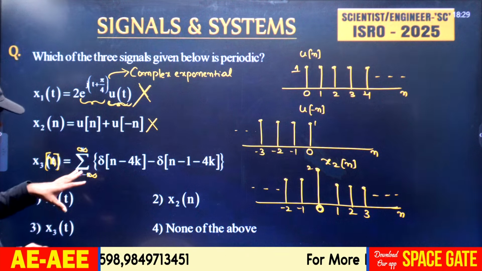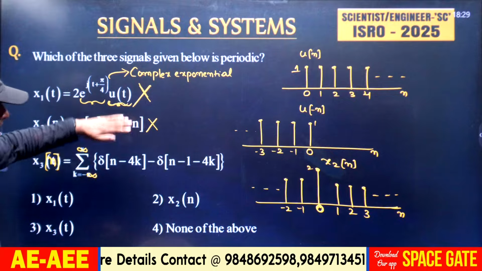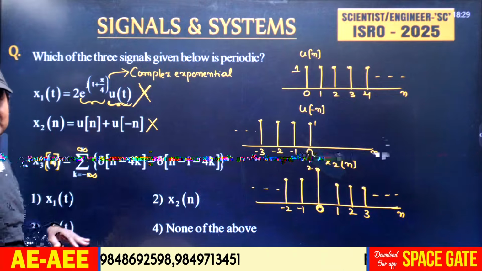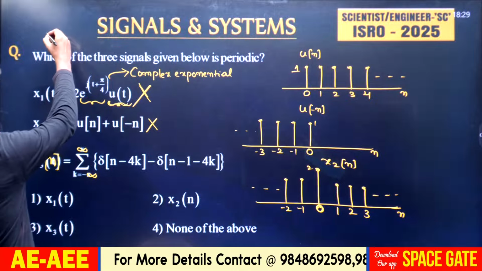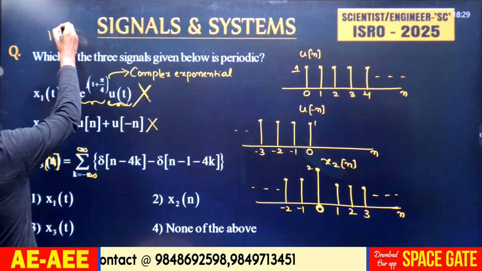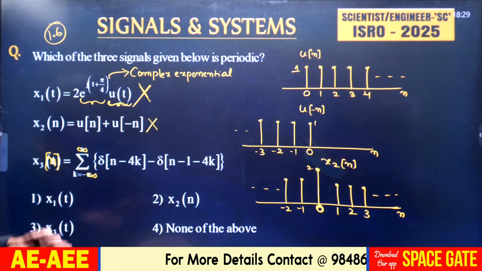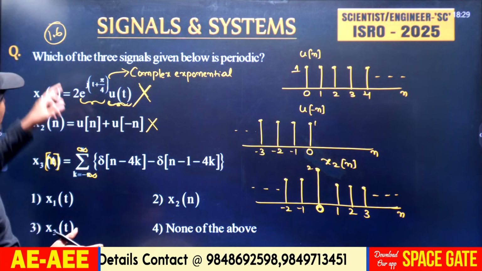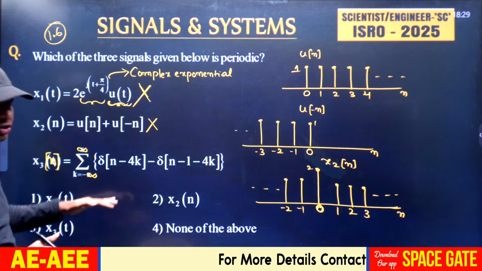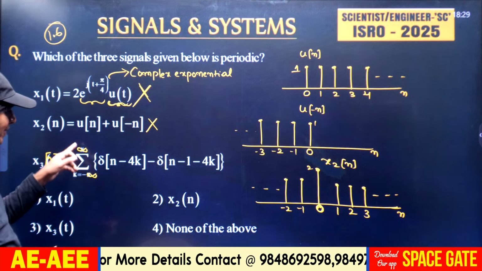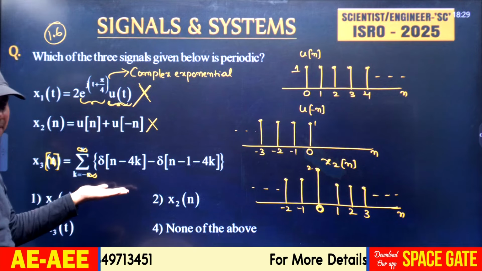Why I am saying this with so much confidence is because this question is directly extracted from the standard book Signals and Systems by Oppenheim, question number 1.6 in the first unit. So this is minus infinite to plus infinite, and if you try to draw the shape of this signal, definitely this is a periodic signal.